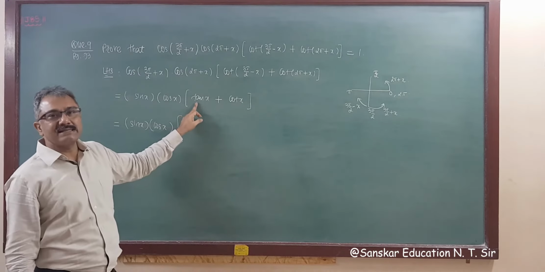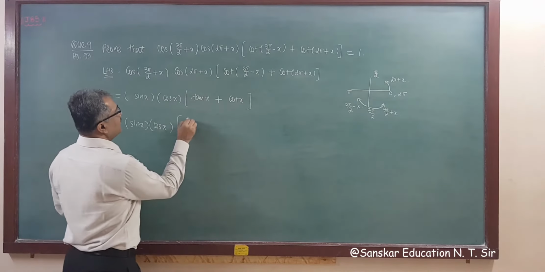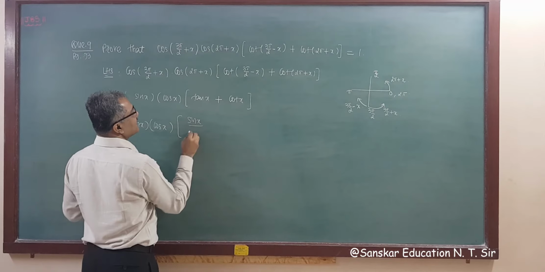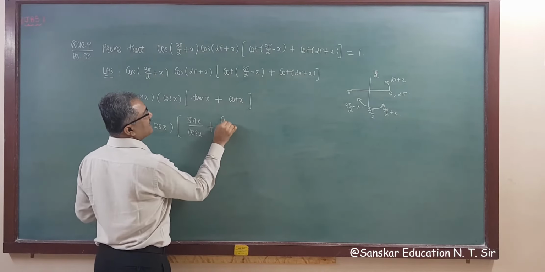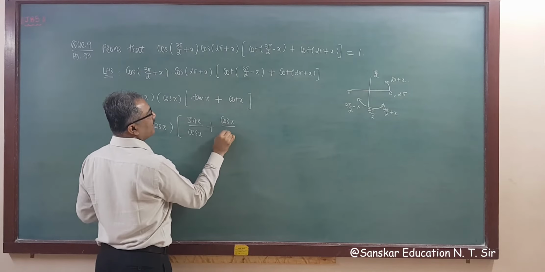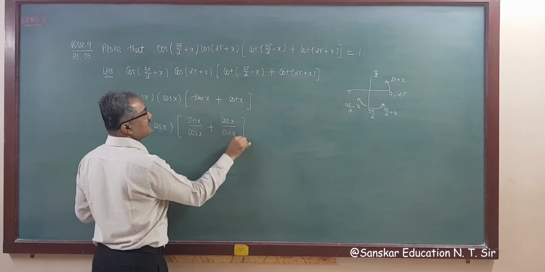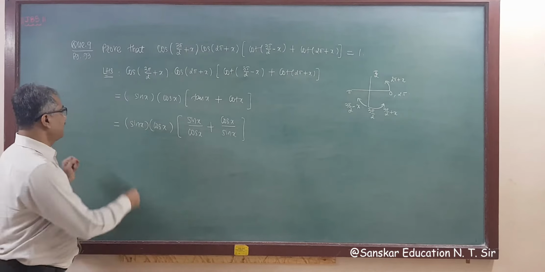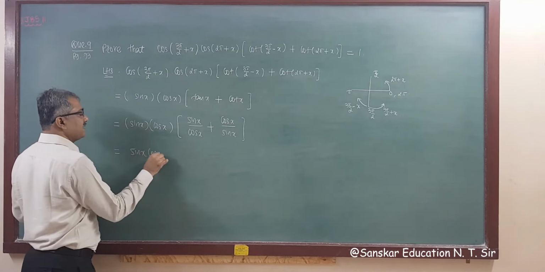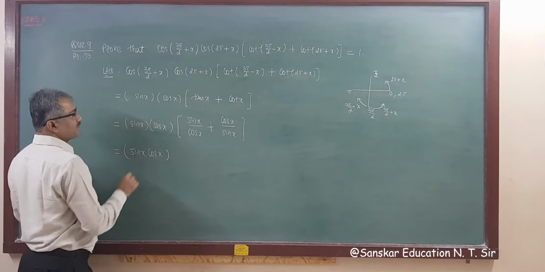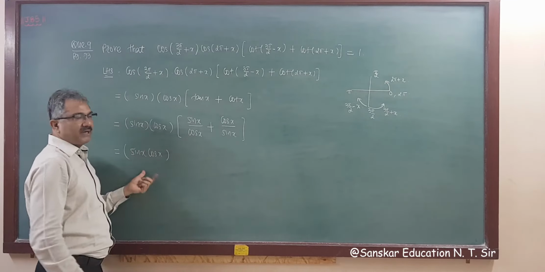Now tan is sine upon cos, so this is sin x upon cos x, plus cot x is cos x upon sin x. I am writing in one bracket only.